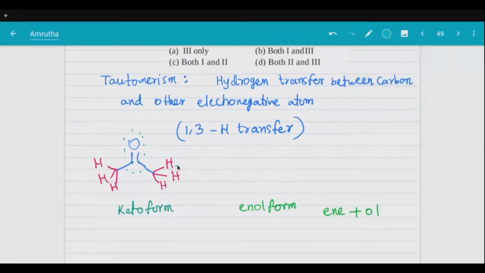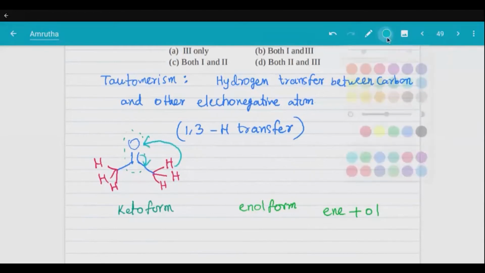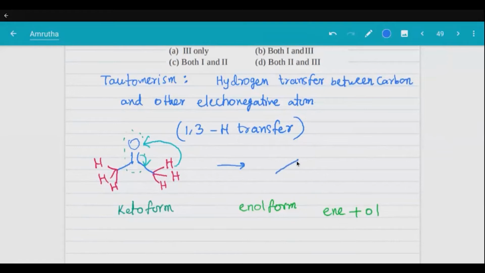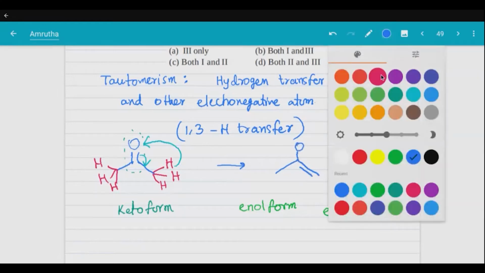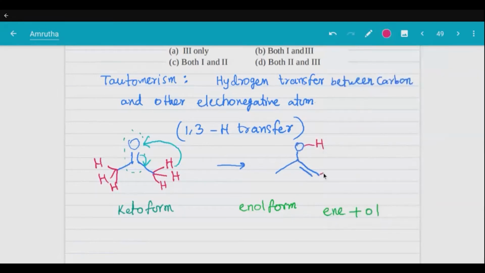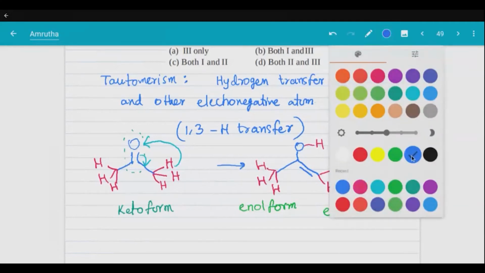H can be transferred here and the double bond can be shifted here. I'll show you with those colors. Double bond and hydrogen get transferred simultaneously. O, and there is H. And the keto form and enol form are both in equilibrium.